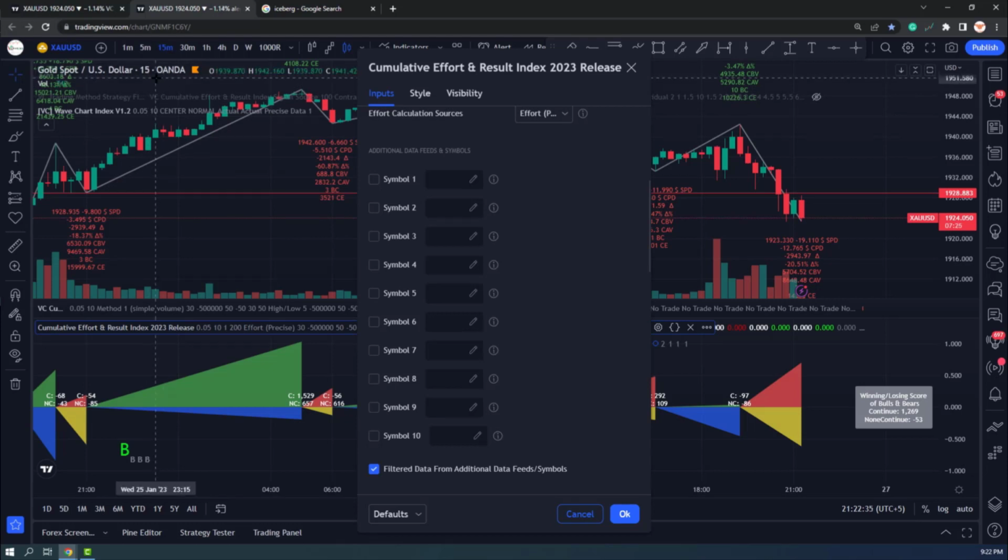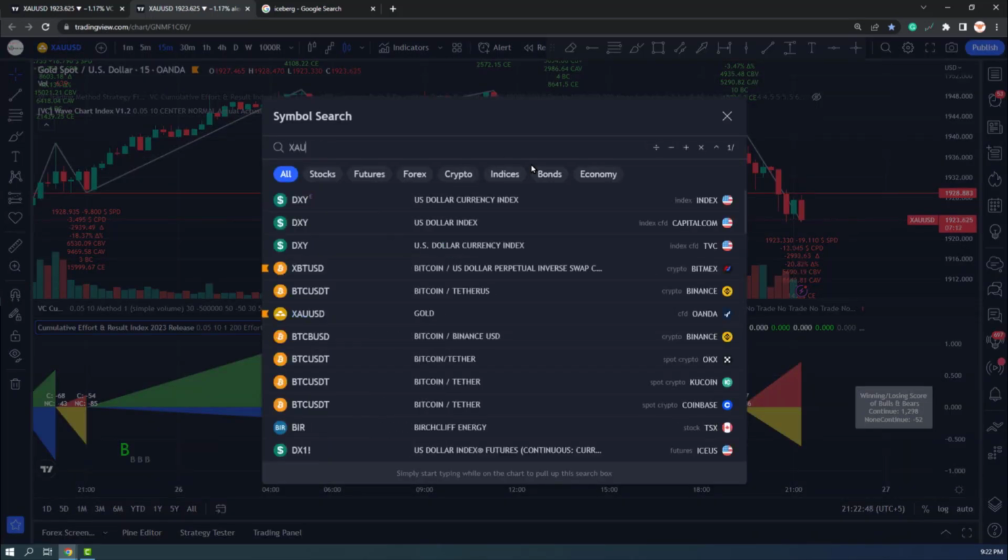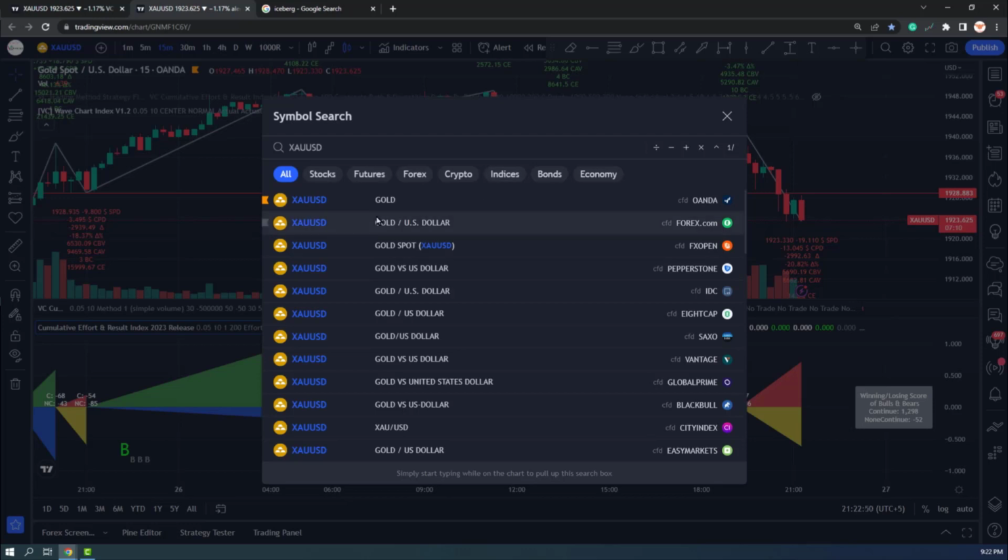We are getting data from one exchange only. But there are a lot of brokers providing data feeds of gold: Oanda, Forex.com, FX Open, Pepperstone, IDC, 8cap, Saxo, Vantage, Global Prime. A lot of them.